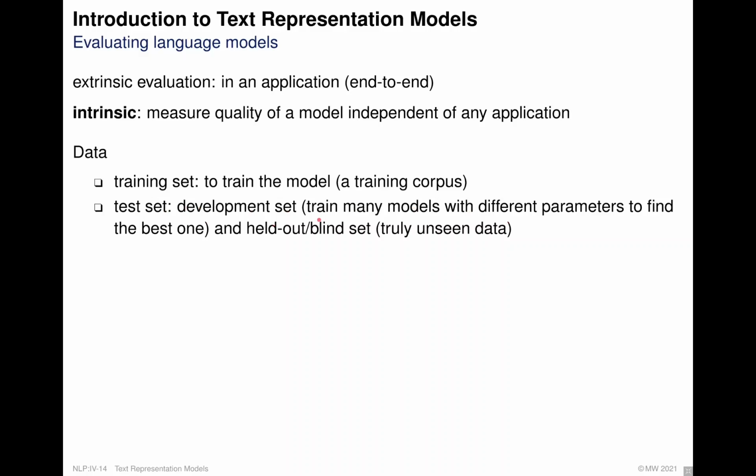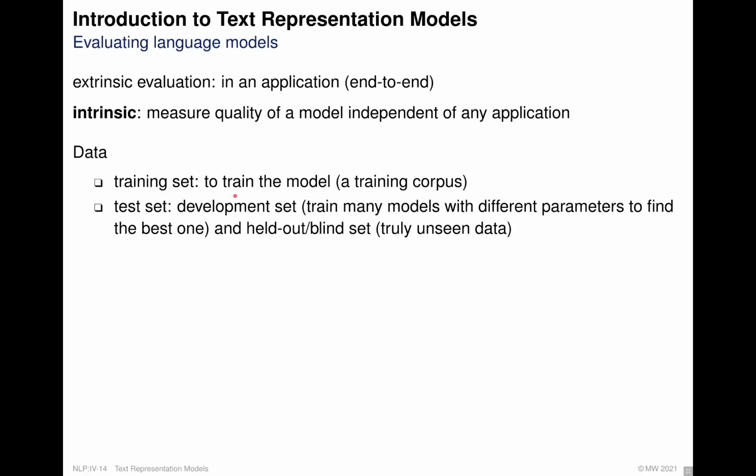Still, you may want to experiment a little bit. So you set aside another portion of the data, smaller than the training set, of course, on which you tune the model so that the parameters are set to those performing best.